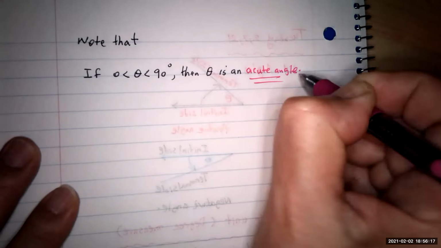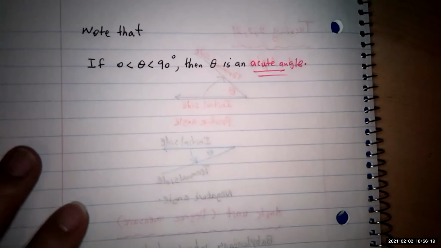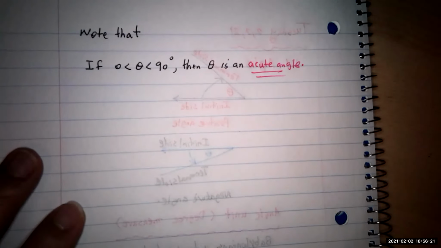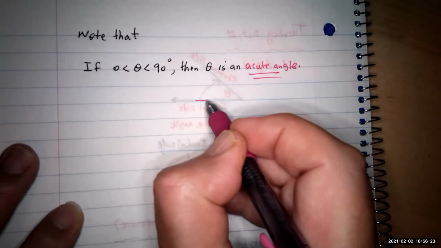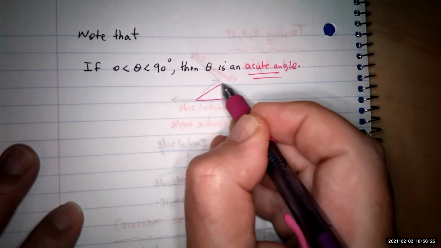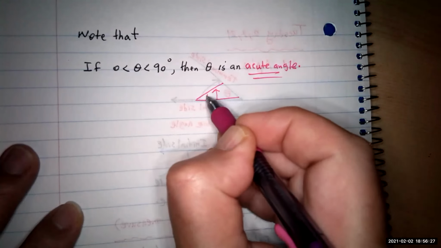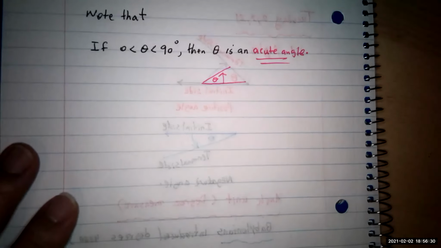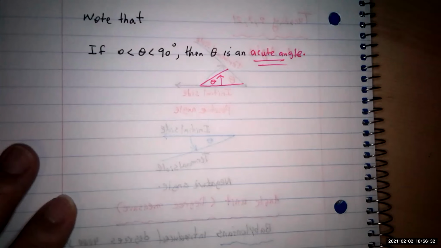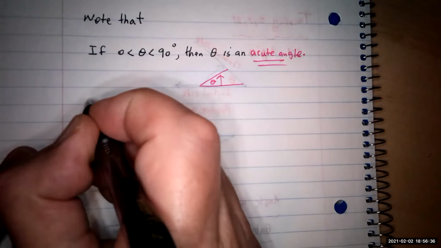Okay, so make sure to remember this one. It's going to be an angle between 0 and 90 degrees. So for example, this angle is going to be an acute angle. Okay, so that's acute.